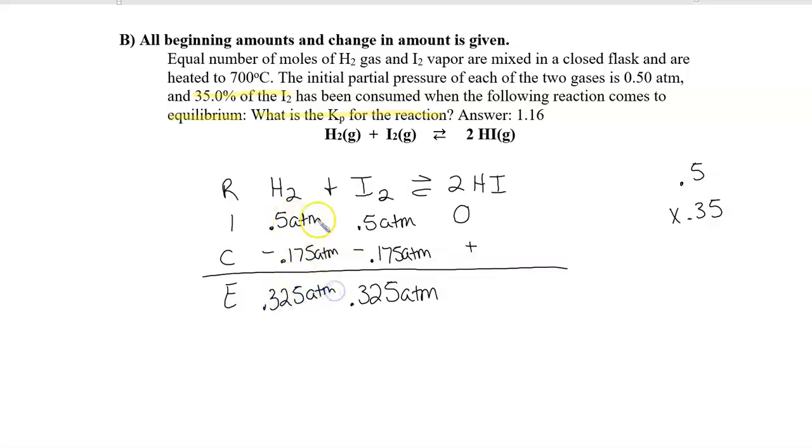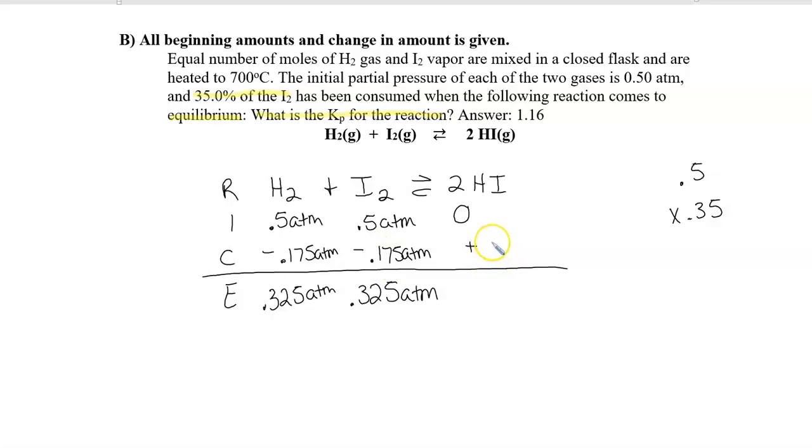They're not always the same numbers, it's just that they start out the same here. If it's a 1-to-1 ratio, this number should always be the same because C is where the coefficient comes into play. Here's where students usually make the mistake. For every one I2, there are twice as many HIs. So this number here is not going to be 0.175.